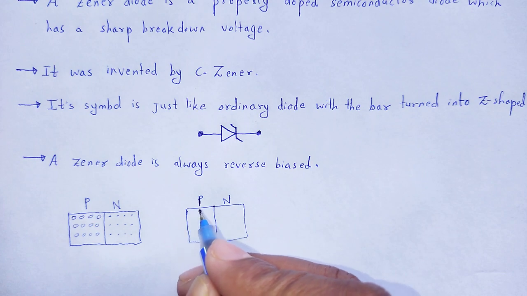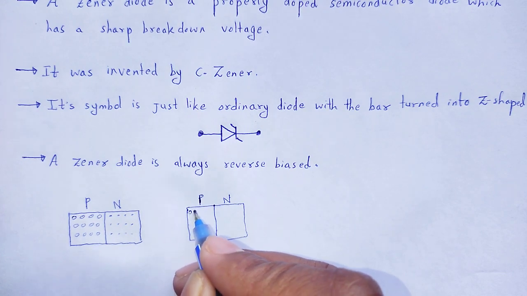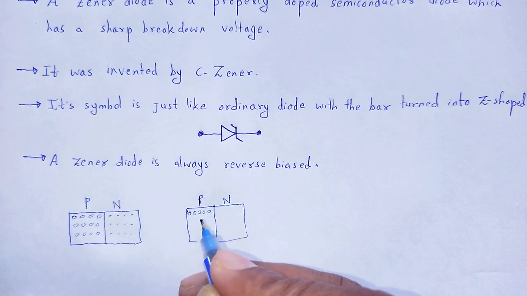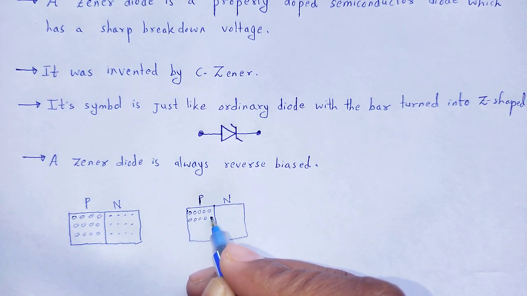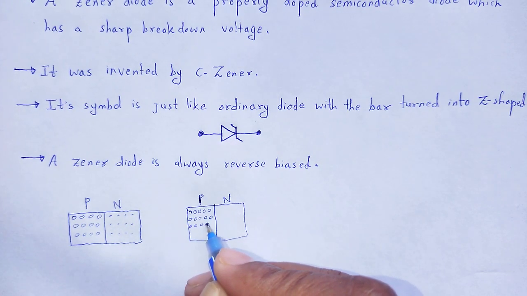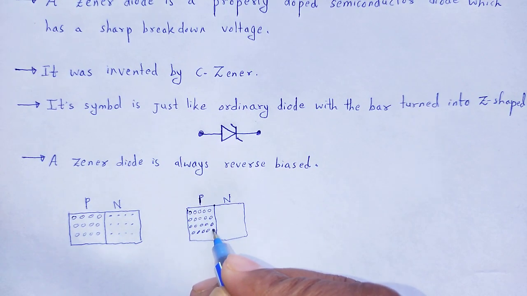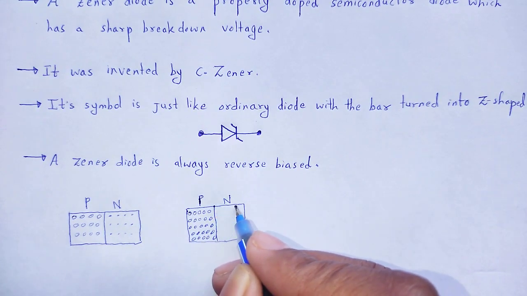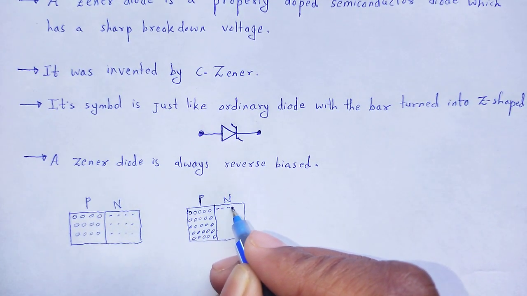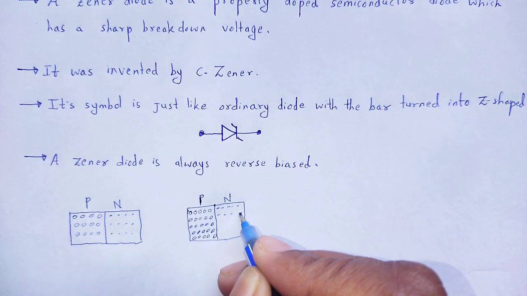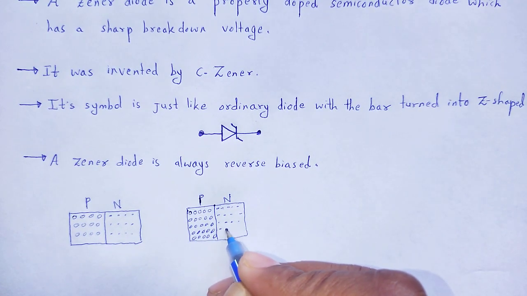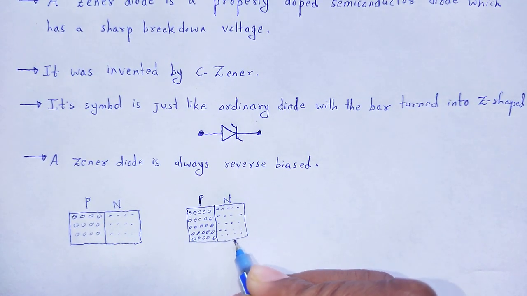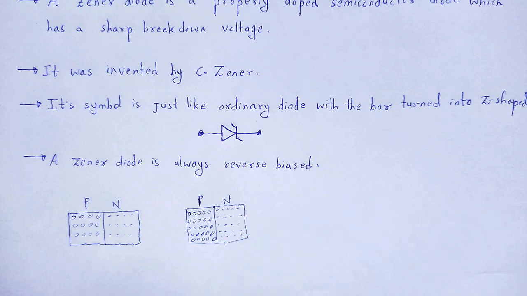Here the majority charge carrier concentration is too high as compared to the previous one. Similarly, free electrons, doping concentration is high as compared to that of normal PN junction diode.